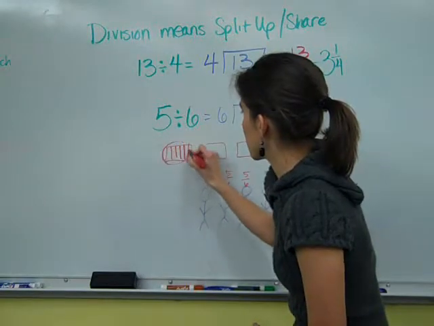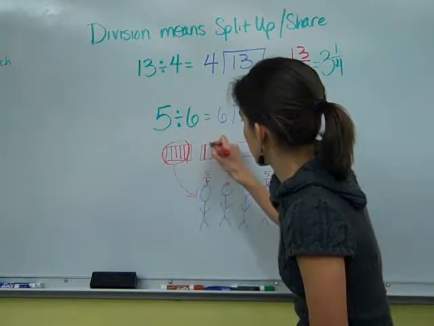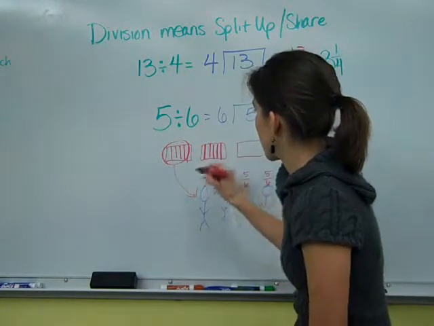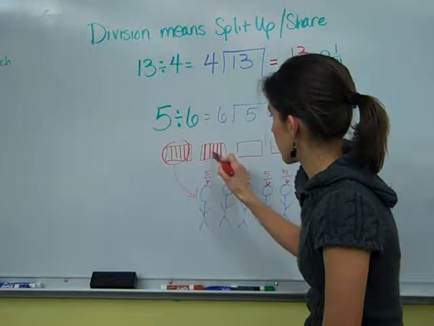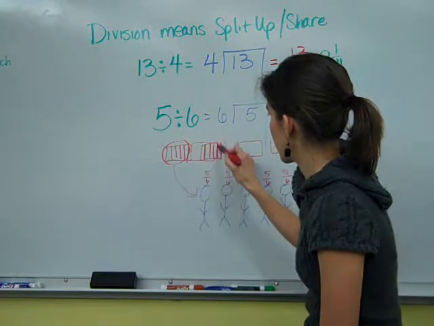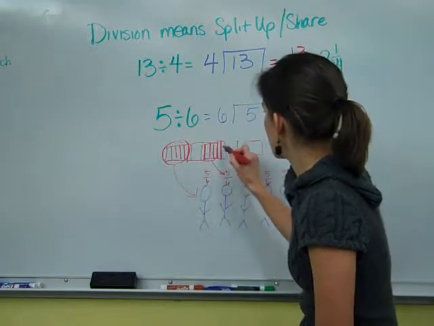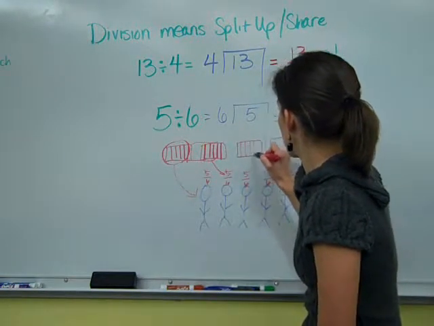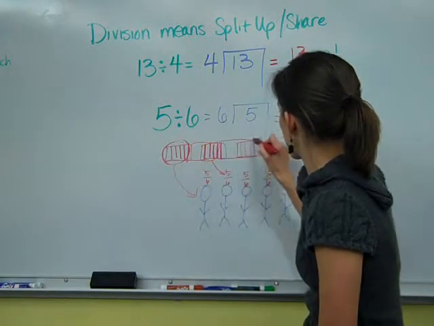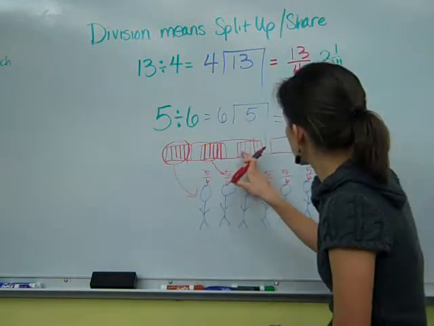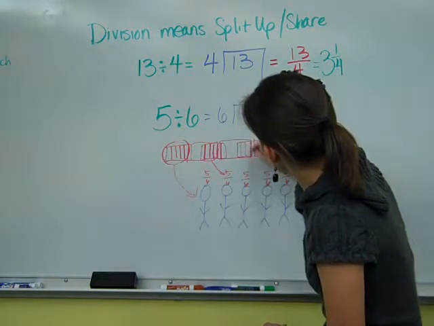So they'd be getting this piece of it and going to the first person. Then they would be taking the next 5/6, which would be 1, 2, 3, 4, 5, 6, so this amount, and going to person 2. This amount, 1, 2, 3, 4, 5, oops, less than that right here.